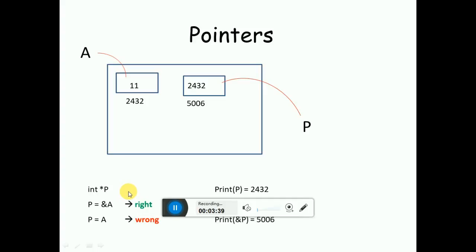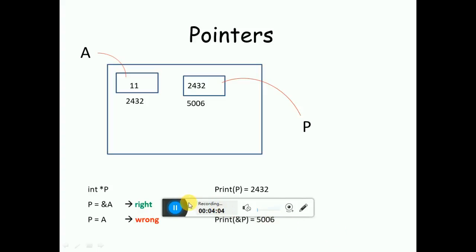If the address of a character is stored in the pointer, then we have to declare char *p. So p = &a. We have to write it like that because &a gives us the address, and we store it in p. And there is also how to print it.